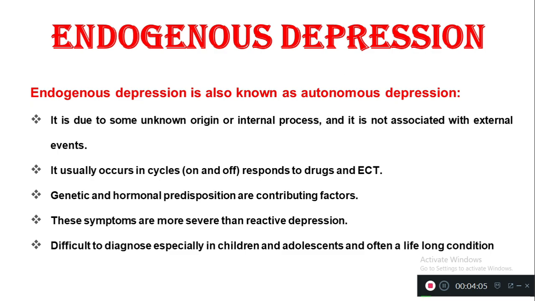If first degree relatives in the family have this problem, the chance of getting endogenous depression increases, and there are also hormonal imbalances like hypothyroidism, cortisol deficiency, serotonin problems. So these things also can cause endogenous depression.